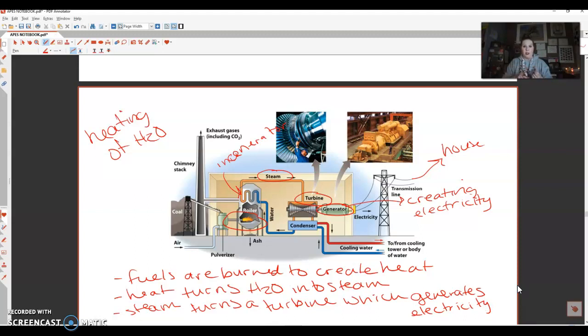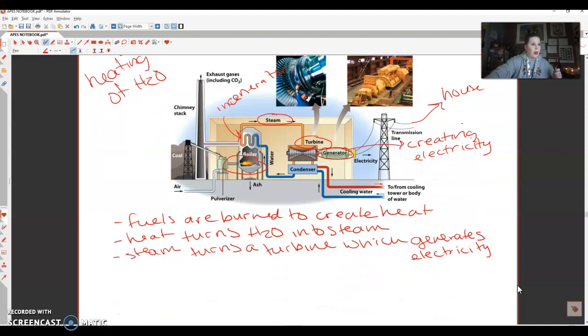We have incineration of the fossil fuel, which creates steam from water. So it heats up water to create steam. The steam turns the turbine, which then causes the generator to create electricity. That is the central theme in all of these types of energy sources. Okay, so this is literally what's happening right now at a power plant to bring electricity to you right now.